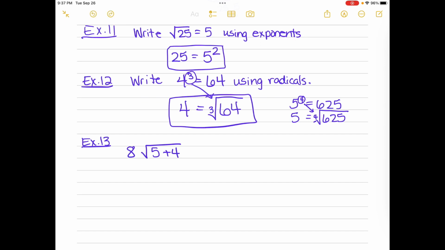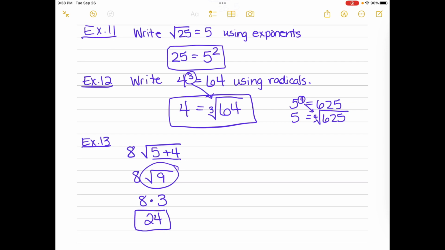So I'm going to first add what's inside the radical sign, because it's kind of like a parentheses. You do what's inside it first. So 5 plus 4 is 9. Now I'm going to see if I can do this. Do we know what the square root of 9 is? Yes, the square root of 9 is 3. So now I have 8 times 3, which is 24.